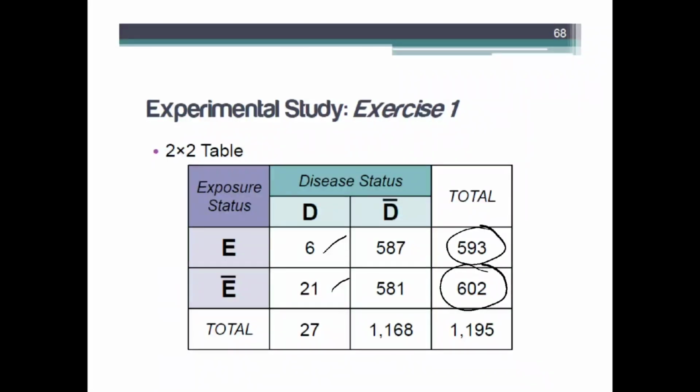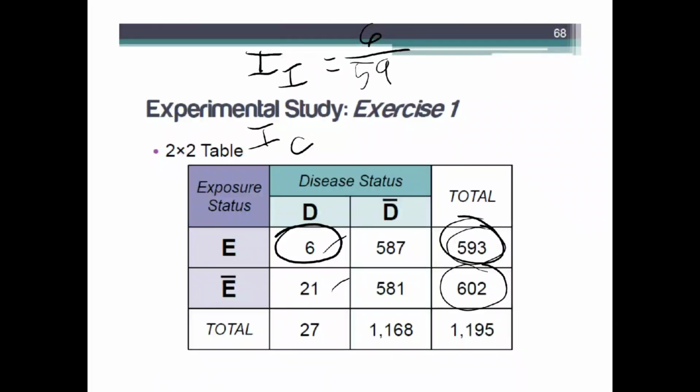Now, paano mo kukompute yung incidence among intervention and incidence among control? So, incidence among intervention is ito, 6 divided by ito, yung total, 593. Okay?